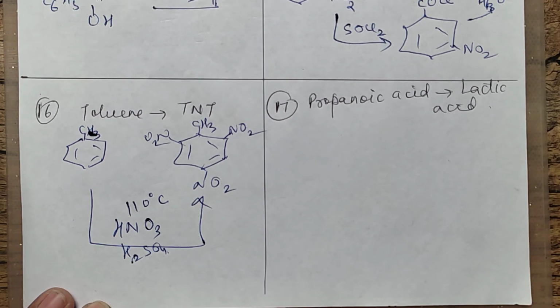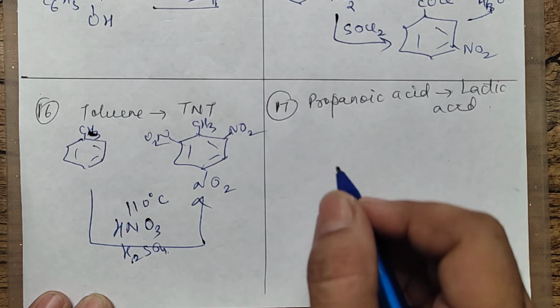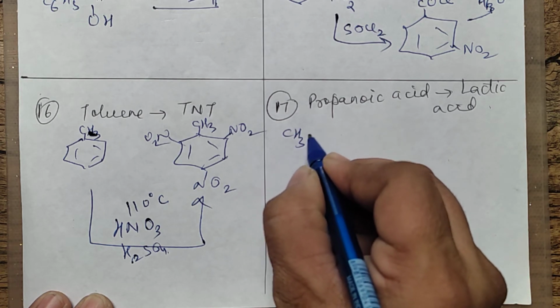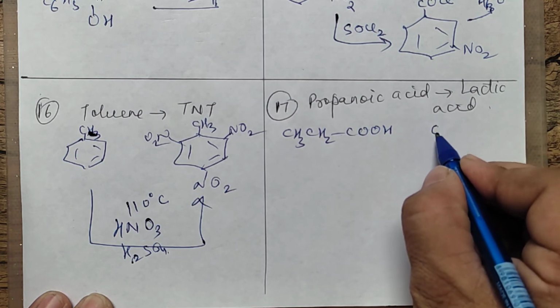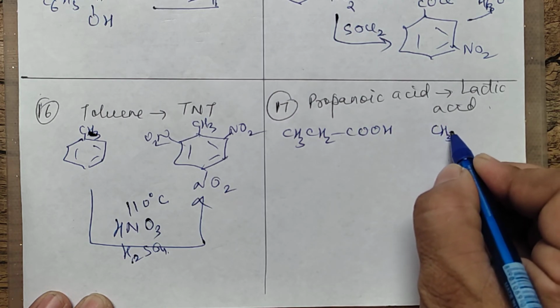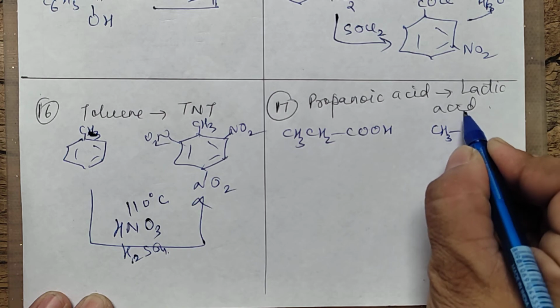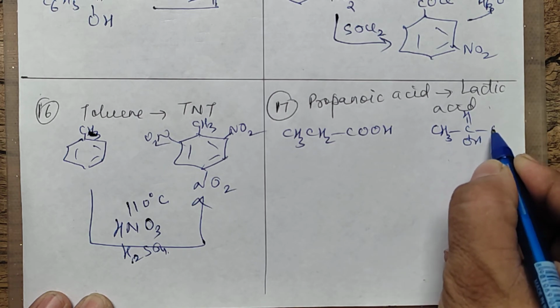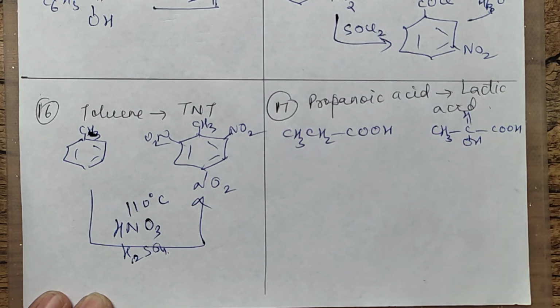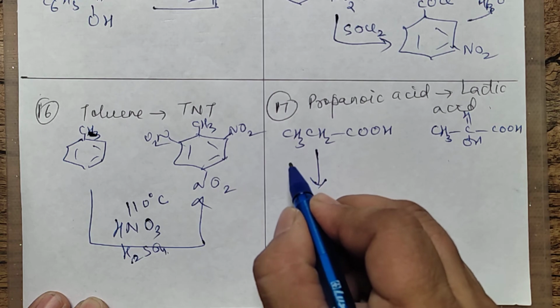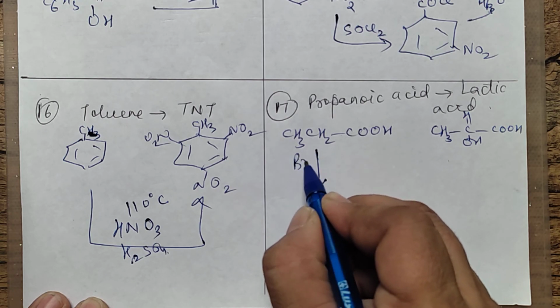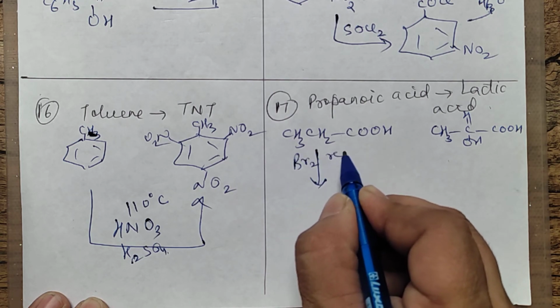Okay, the last one is propanoic acid to lactic acid. Propanoic acid, CH3CH2COOH. And what is lactic acid? CH3CHOHCOOH. On the alpha position there is OH. Now just keep in mind, alpha position there is OH. So first you have to carry out its HVZ reaction with bromine and red phosphorus.